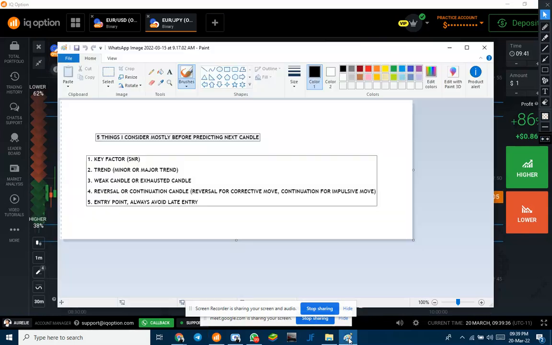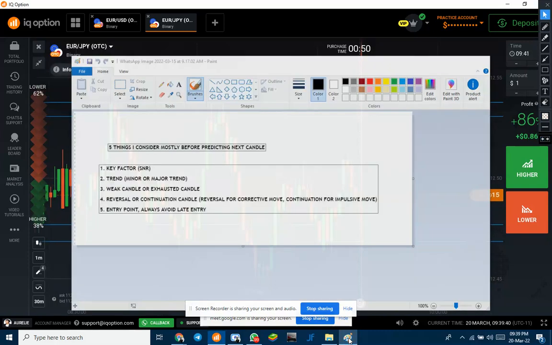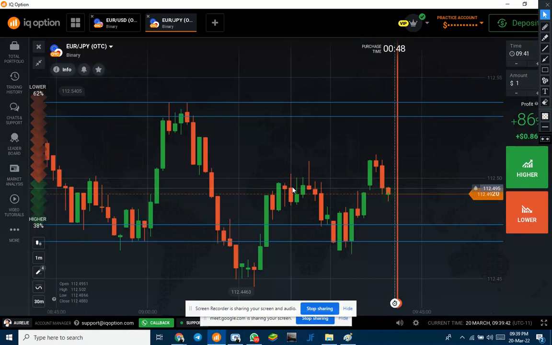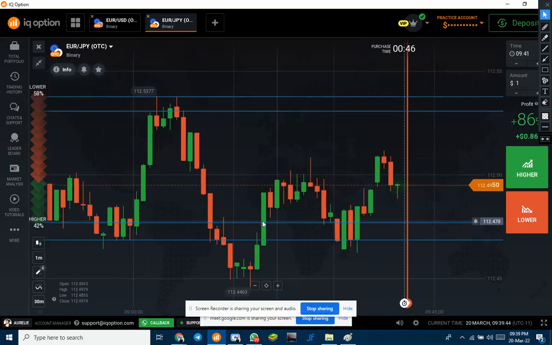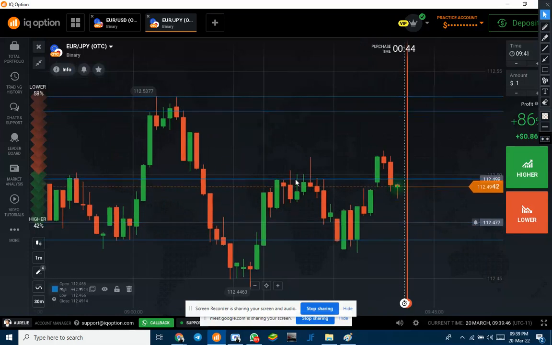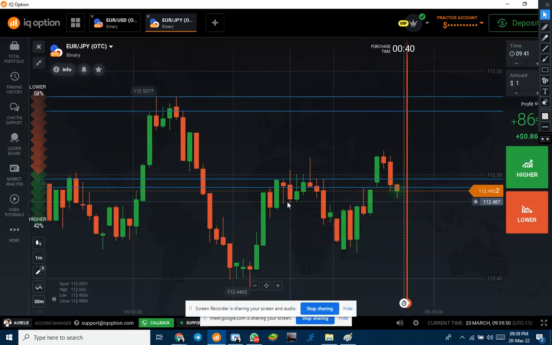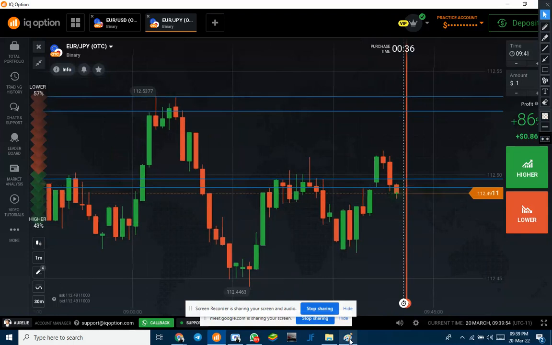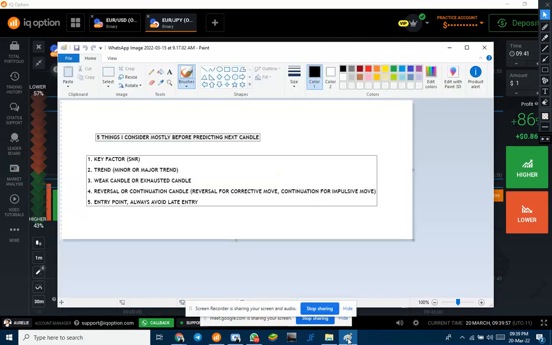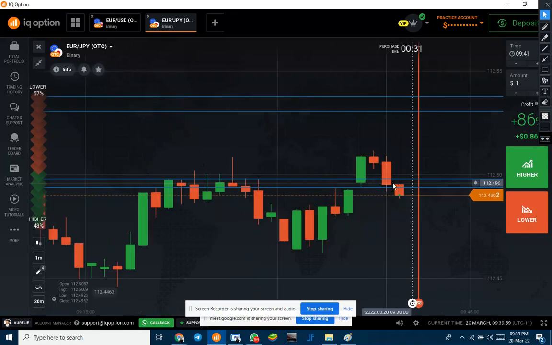What is the next one? We have identified the minor trend and the major trend. Weak candle or exhausted candle. If I draw another zone here, then look for a weak candle or exhausted candle.